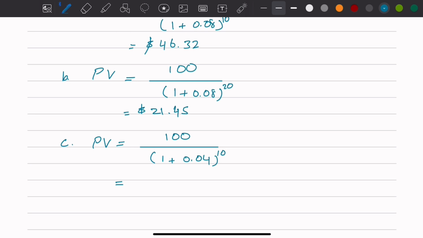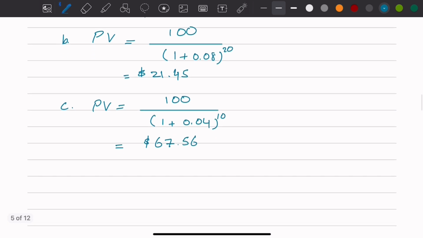I'll go back to my calculator and just adjust the numbers based on the inputs. That will be $67.56 rounded.